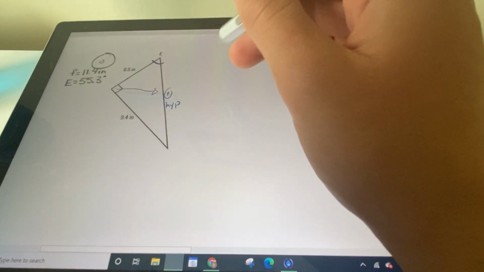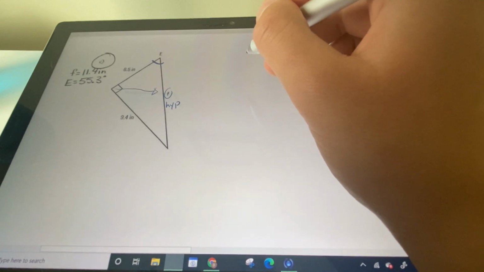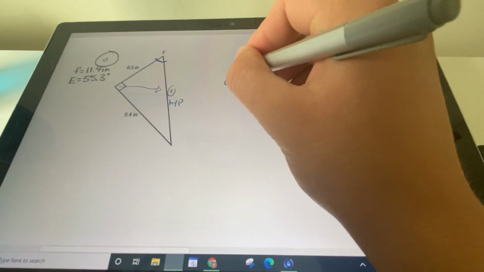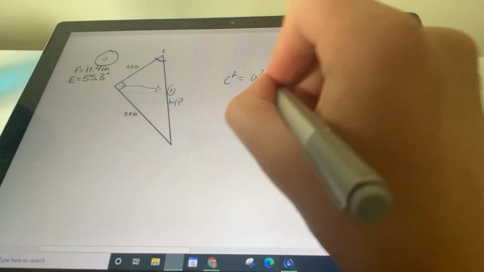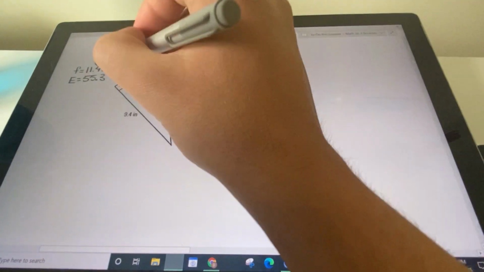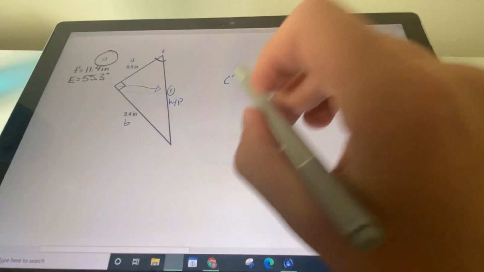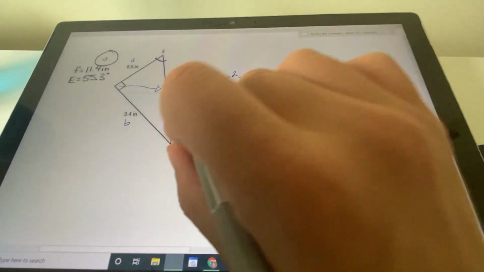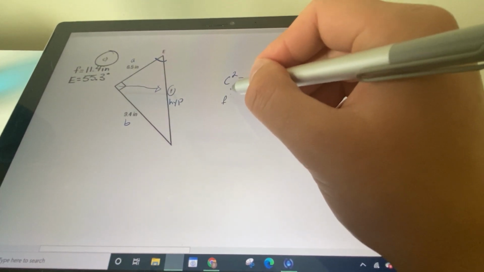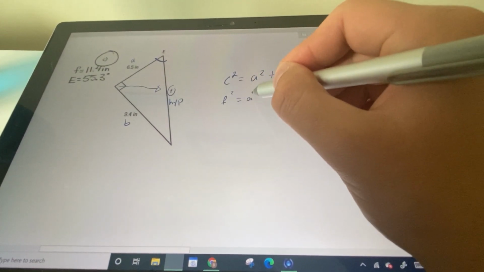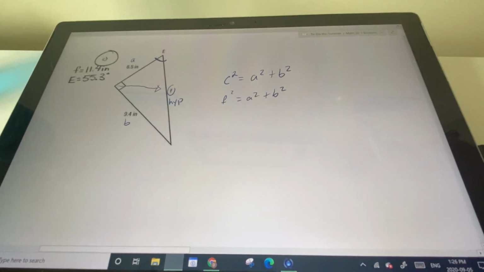So here, remember that C squared equals A squared plus B squared. Remember, A and B can be interchangeable. I'm going to represent this as A and this as B. In this case, they didn't use the letter C. The hypotenuse is represented as F. So I'm going to just replace this as F squared equals A squared plus B squared.